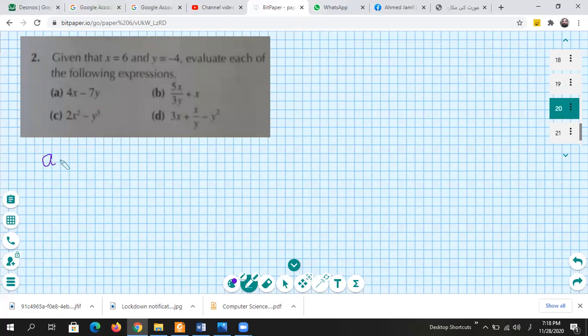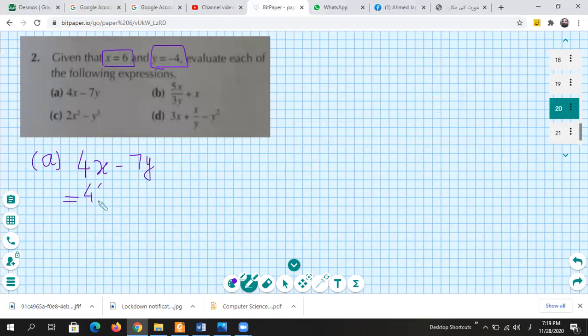Part A is 4x minus 7y. If you read the question, it says given that x equals 6, so this is the value of x, and y is equal to minus 4. So I'm inserting these values in this expression, 4x minus 7y.